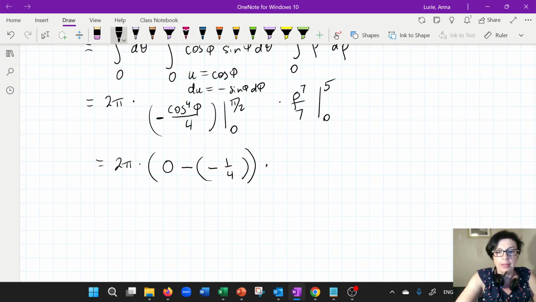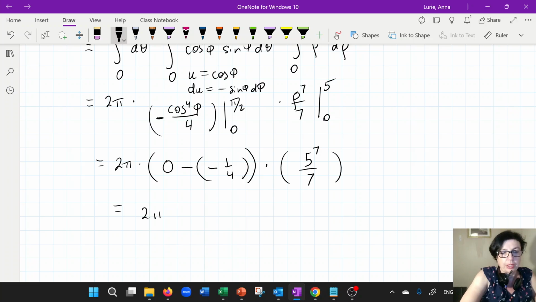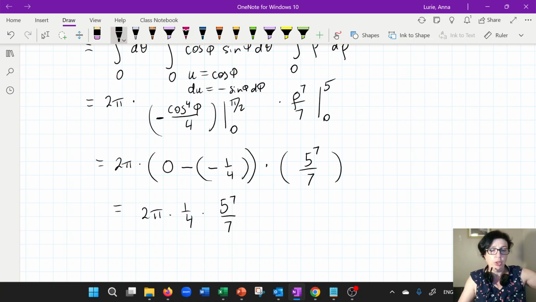So we got that done. Over here, that will just be 5 to the power 7 divided by 7. So this is 2 pi multiplied by 1/4 multiplied by 5 to the 7 over 7. You could simplify 2 pi over 4 and make it pi over 2, but other than that, that's it.